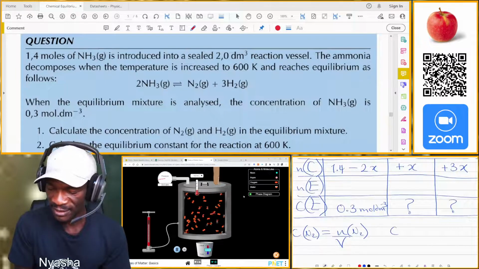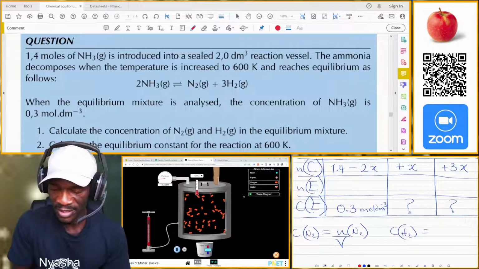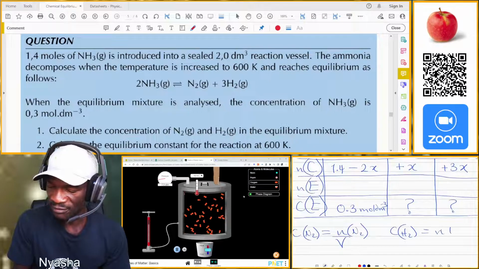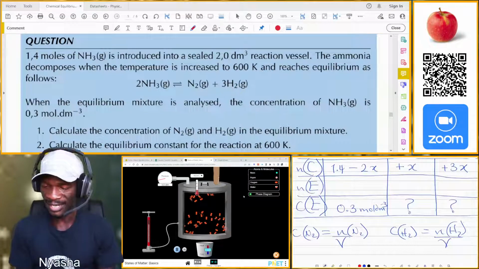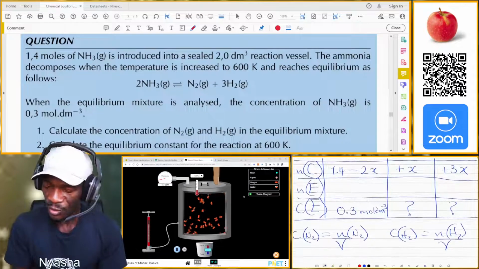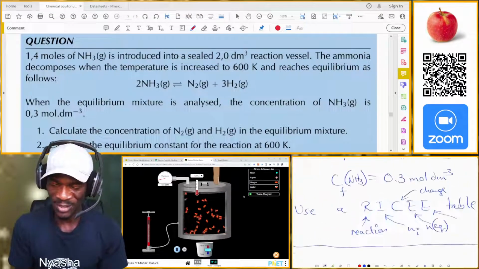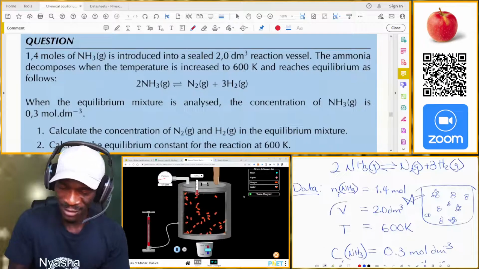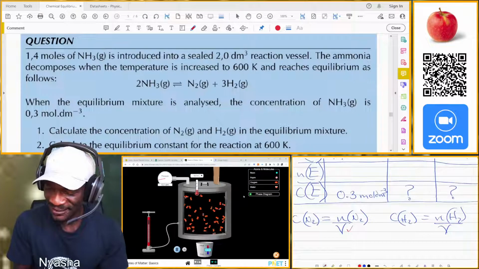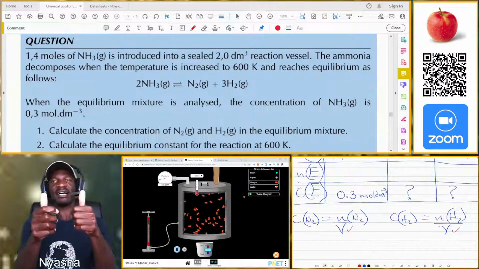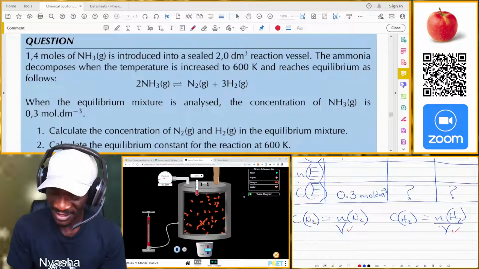And the concentration of our H2 is going to be the number of moles of H2 divided by the volume. So it's one and the same equation. Do we know the volume? Yes, we know the volume. From the given data, the volume is what is supplied. So for this calculation, the denominator is telling us that everything is given.